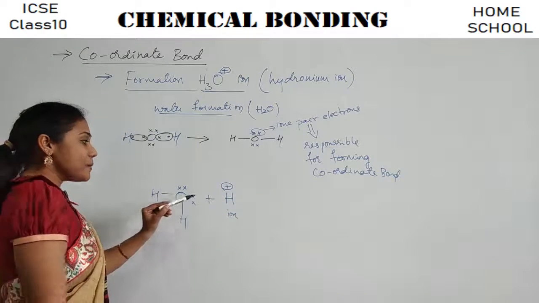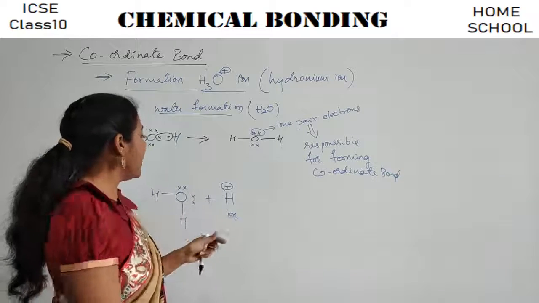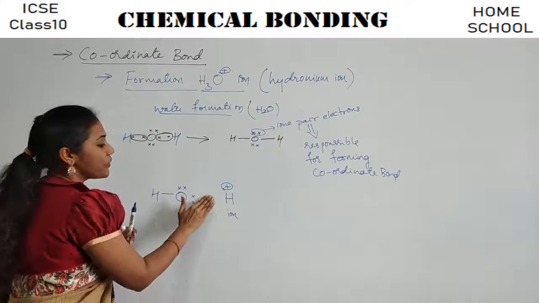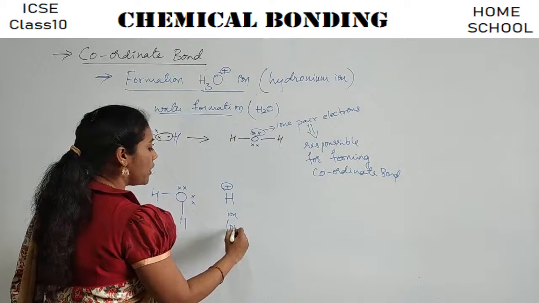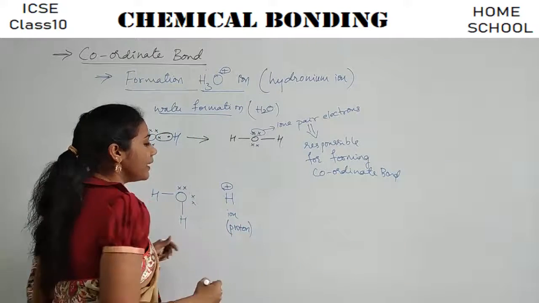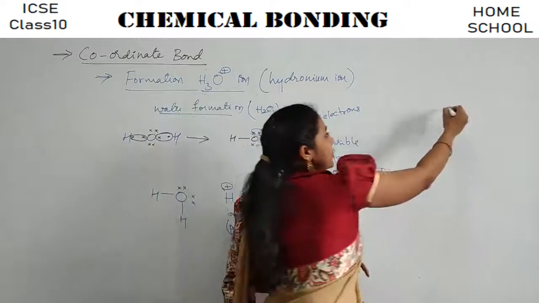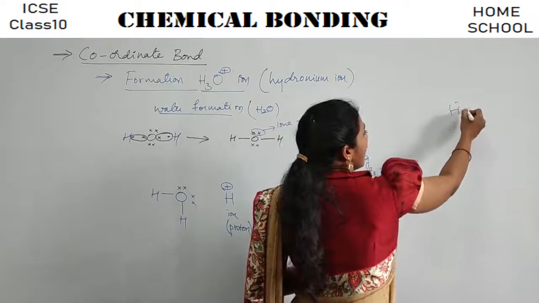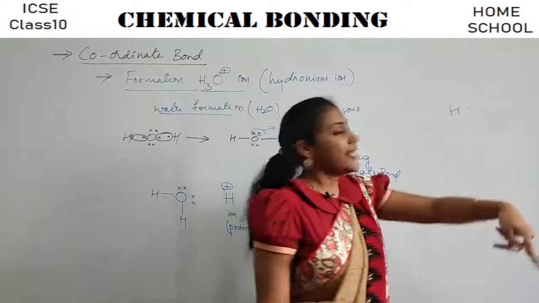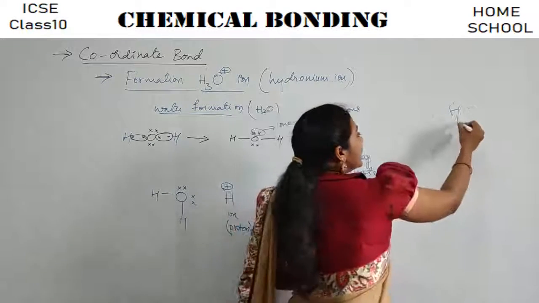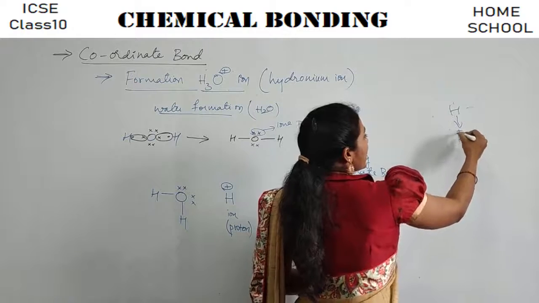This process happens during the chemical reaction, guys. The H plus ion is actually called a proton also. Usually the hydrogen atom has one electron in the outermost shell. In case it loses that one electron, then our H becomes H plus.